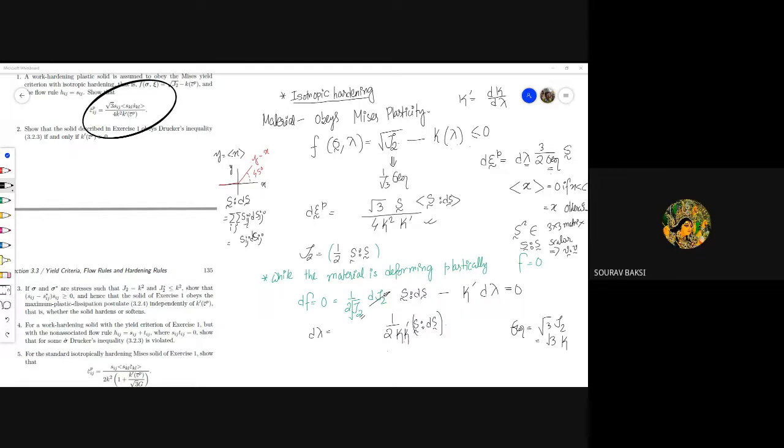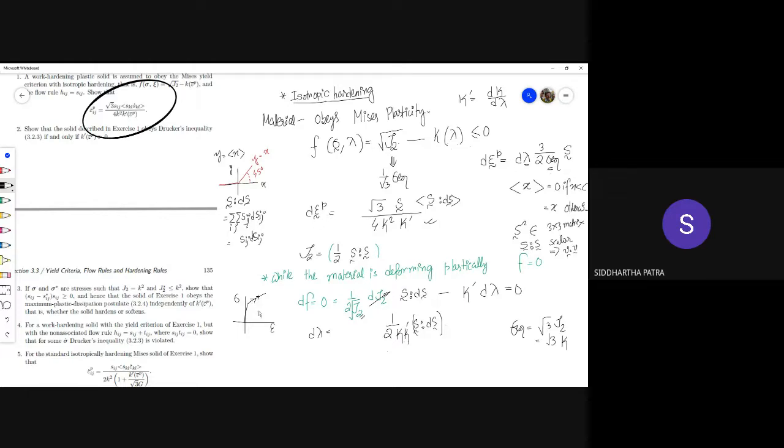Okay, k prime. But what is this fuss about having the Macaulay bracket? The thing is, let's say you are deforming plastically and you are at this stress. Again I'm showing uniaxial stress, because that way we would be comfortable in understanding what's going on.